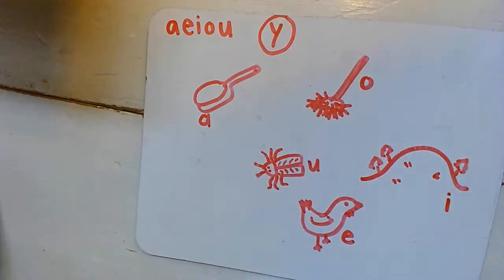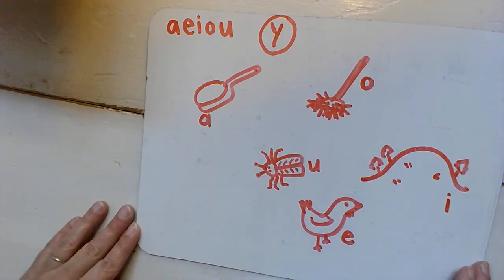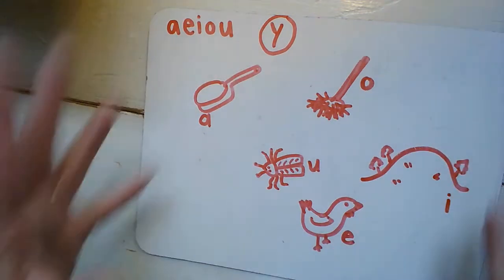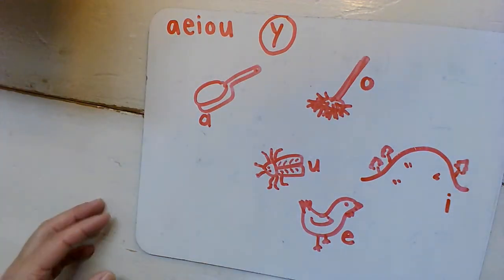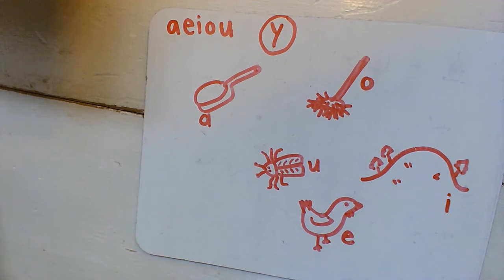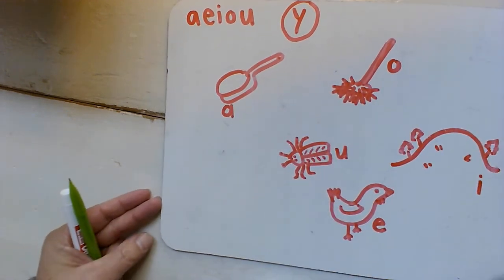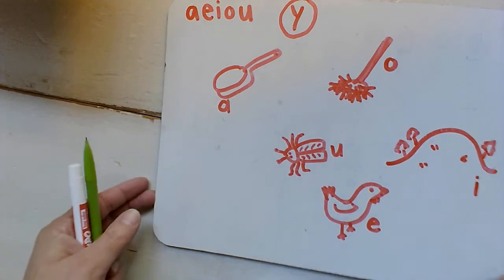So each part that we clap has to have at least one vowel in it. Okay, so you can even take your sounding out a little bit further and try to get a vowel in each part. Sometimes there's more than one because it's tricky, but you can see if you can figure out at least one vowel for each part that you clap.